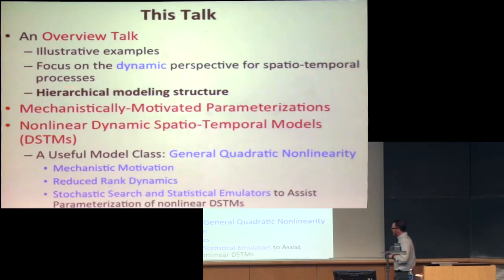And I'm going to focus a lot on this notion of hierarchical modeling, because I think to capture much of the realism that's necessary to model these systems, to get that complexity, we have to start thinking hierarchically, or at least it helps to. And then, time permitting, I'll go into what I think is, in statistics, the current state of the art in terms of interest, and that's in nonlinear dynamical spatio-temporal models.